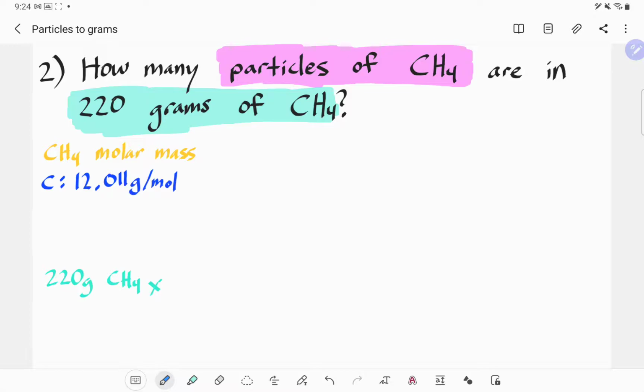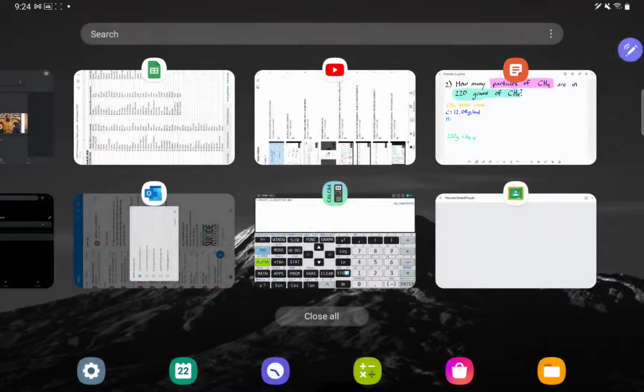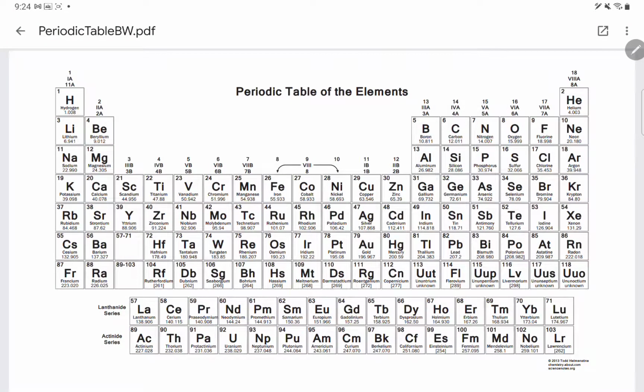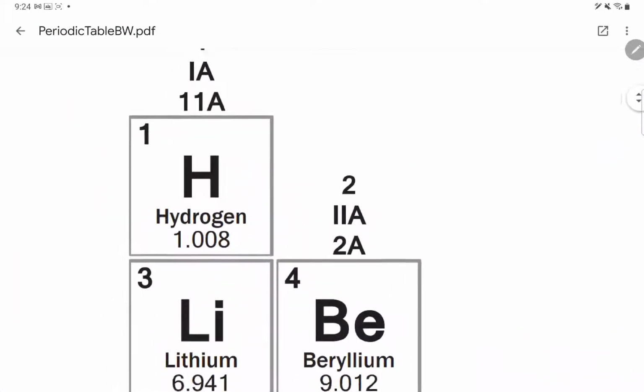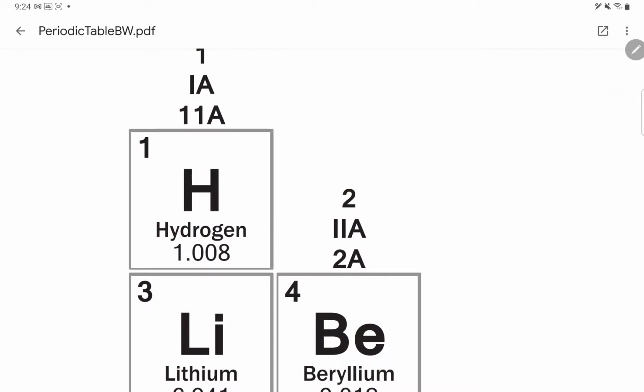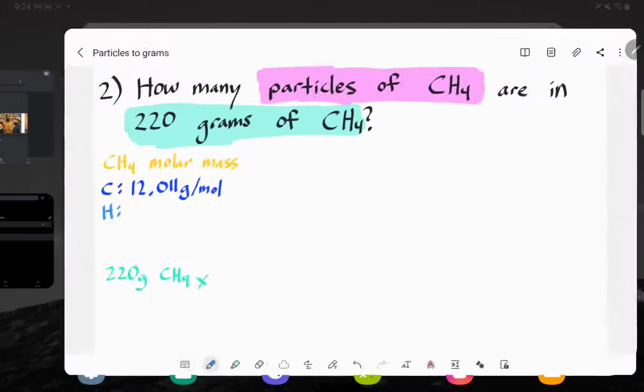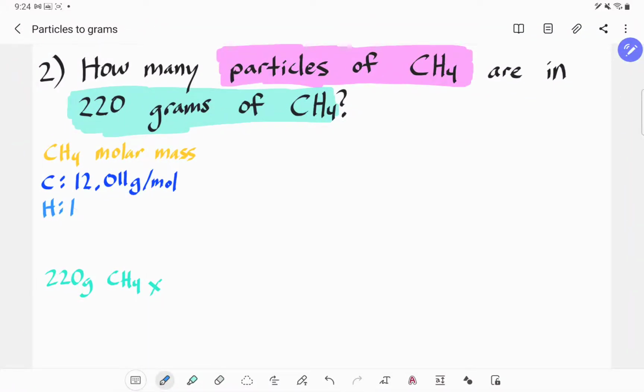Then we can find hydrogen's molar mass on the periodic table as well. Let's look that one up. For hydrogen, the molar mass is 1.008 grams per mole.